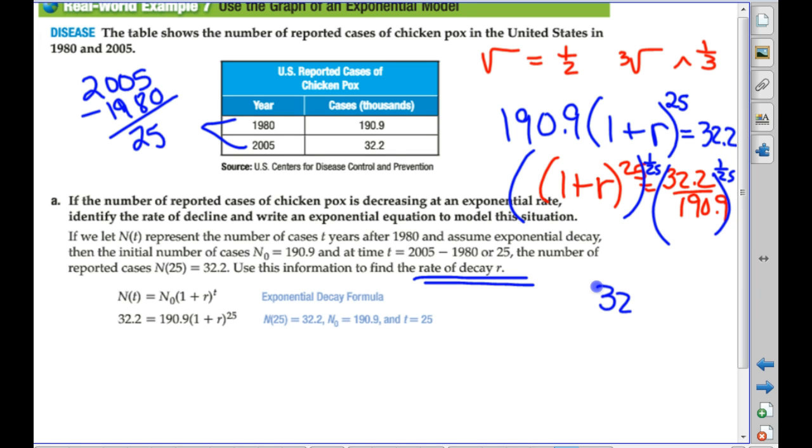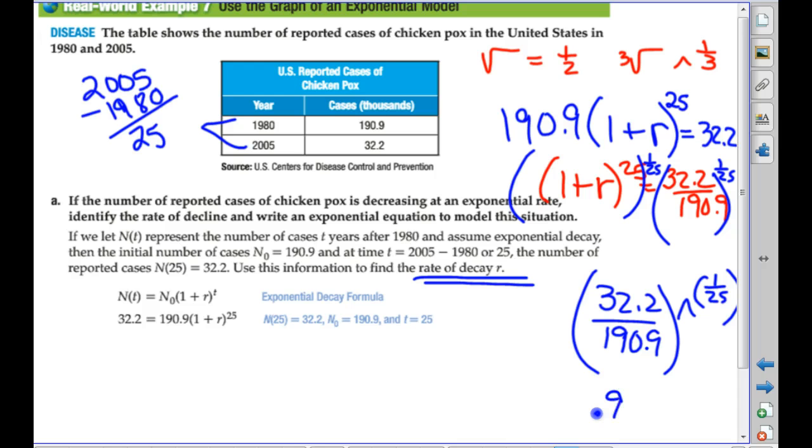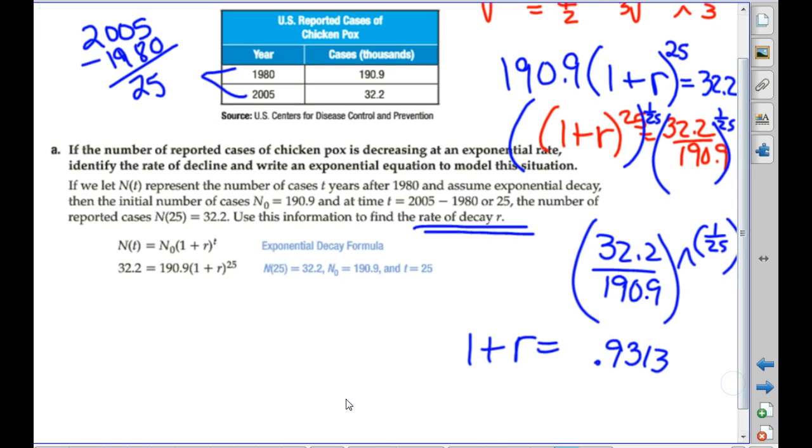So I want you to type 32.2 over 190.9 in parentheses to the power of 1/25th. .9313 if I go out 4. Okay, and what was left on this side was a 1 plus R. So if we subtract 1, what do we get?